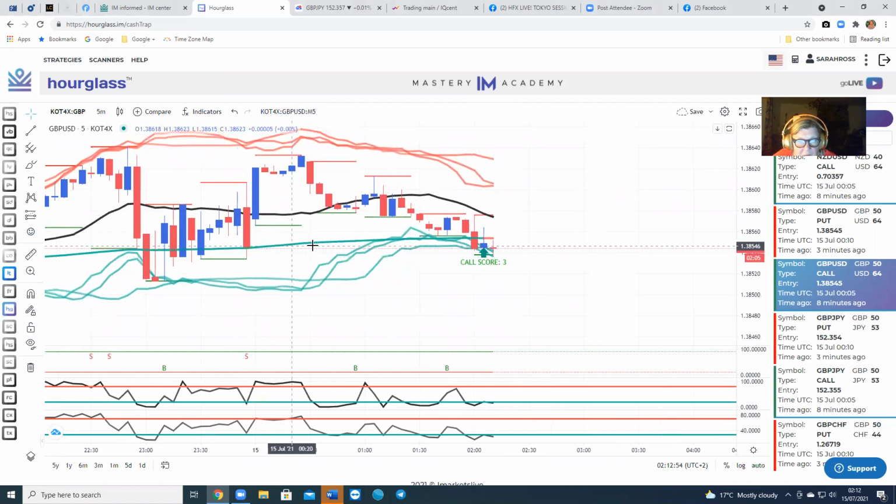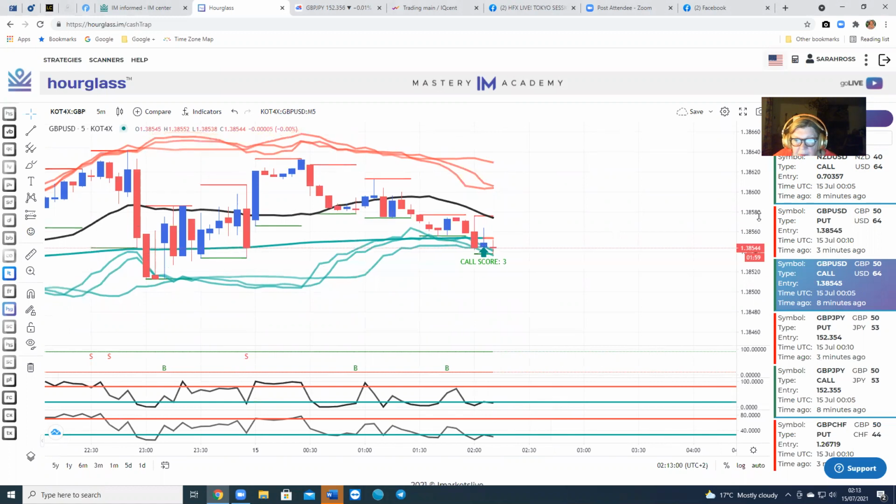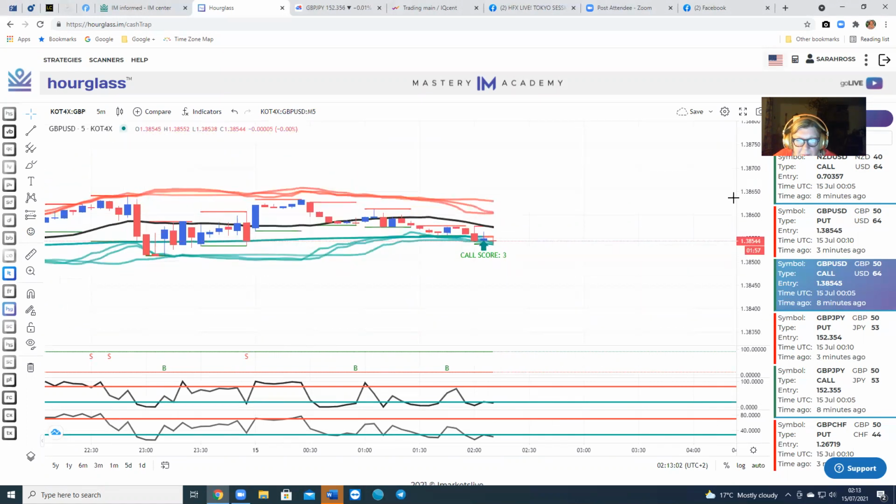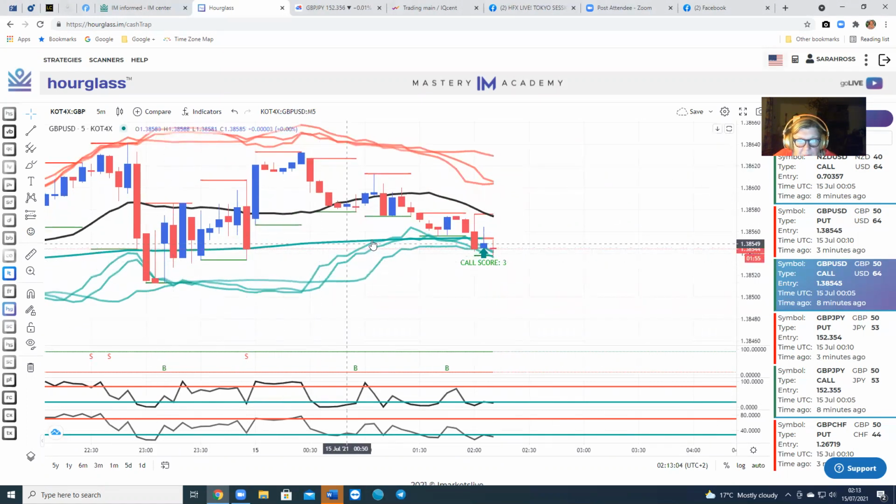You can see our 200 moving average has just changed to red, and the 200 moving average is cutting right through the bottom of the Bollinger Bands.